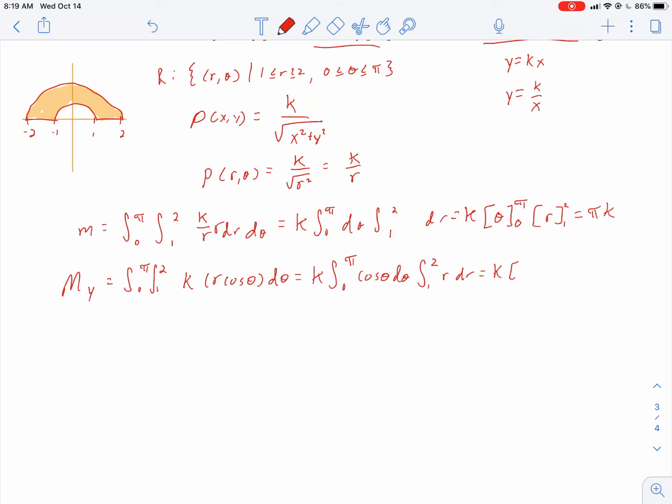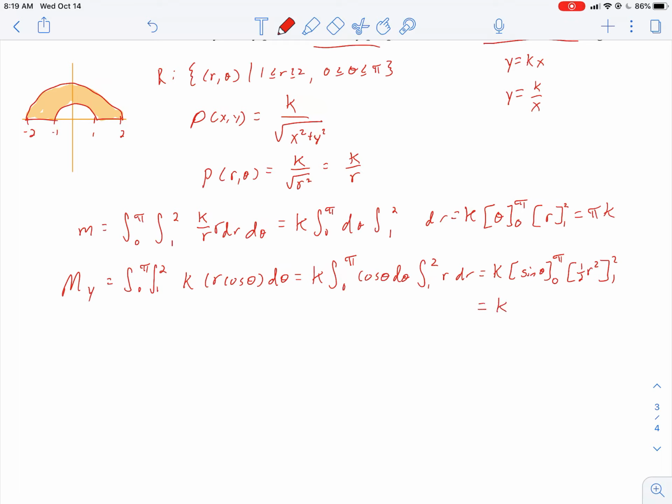And so we're left with k, the integral of cosine theta, which is just going to be sine theta from 0 to pi, and then since we have r, we're going to have 1/2 r squared from 2 to 1.